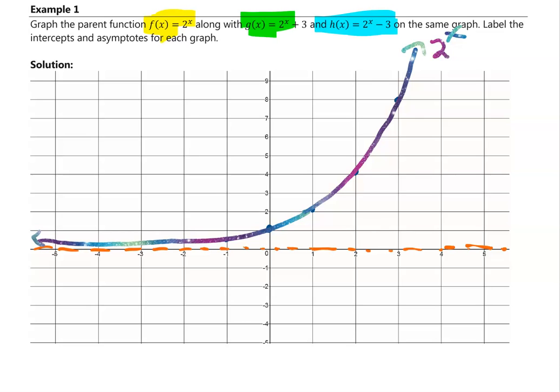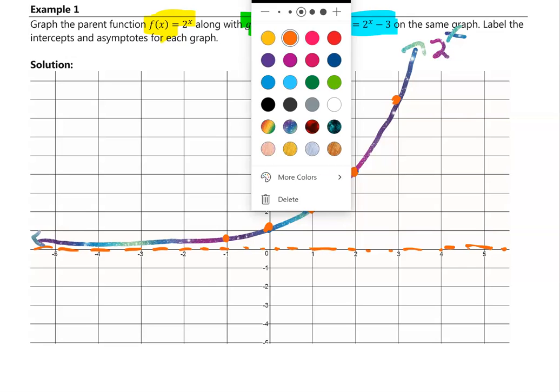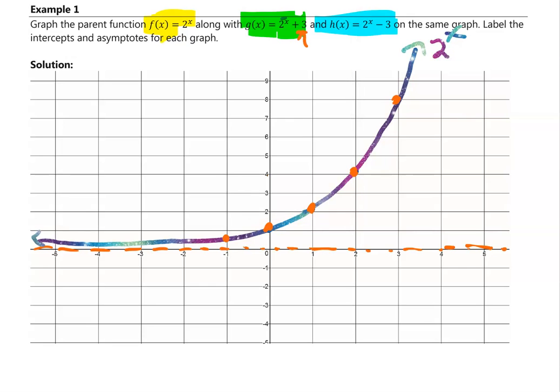Then g of x, I'm going to use green, 2 raised to x plus 3. So meaning all these points from the graph of 2 raised to x, 2 raised to x plus 3, meaning up 3.